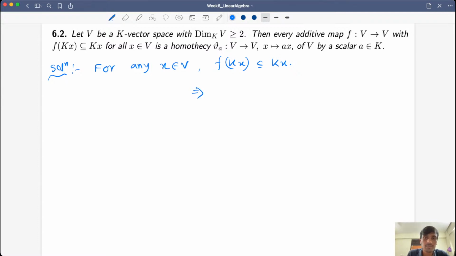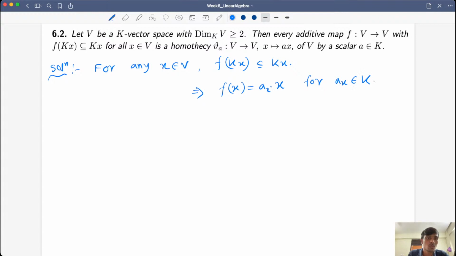Some scalar times x, right? But k is a field, so I can take just x. So this implies f of x is some scalar times x, because it lies in the subspace kx. I'll write it as a_x times x, where a_x belongs to the field k.